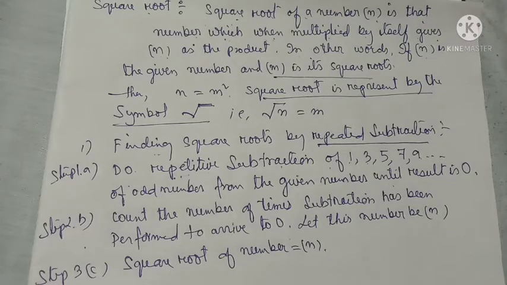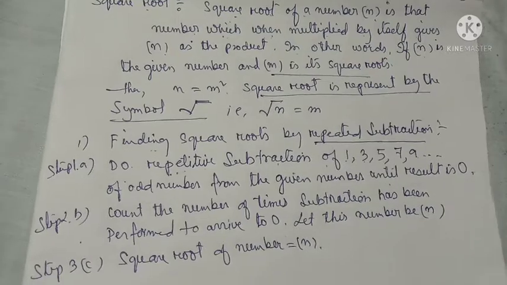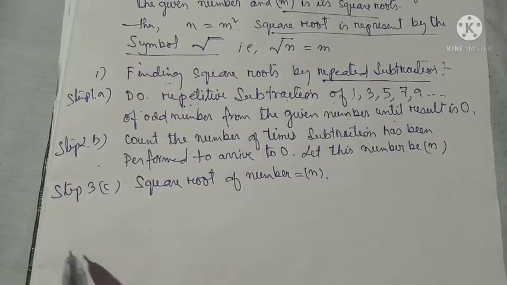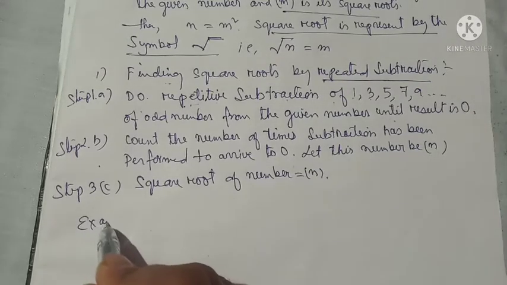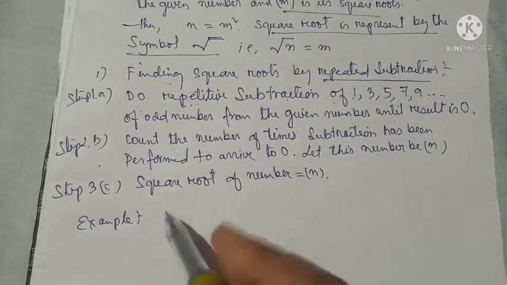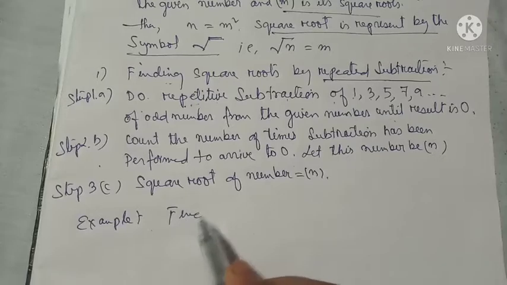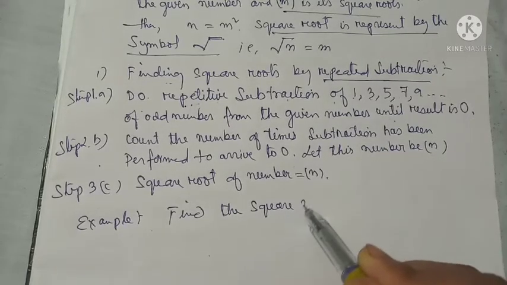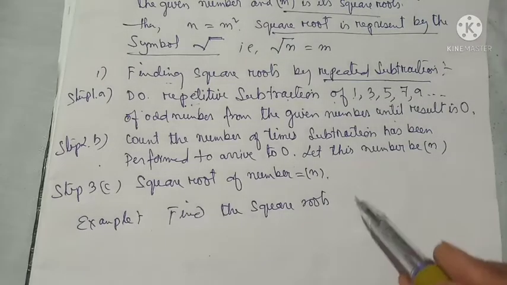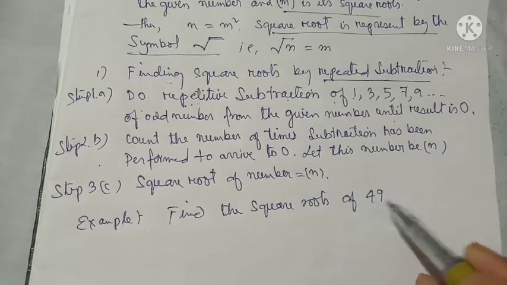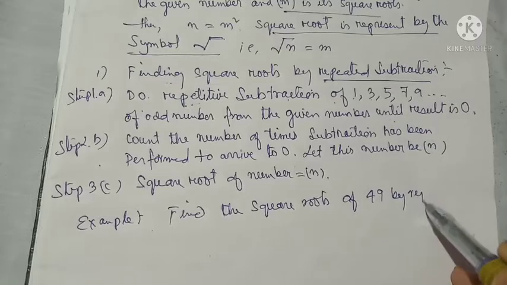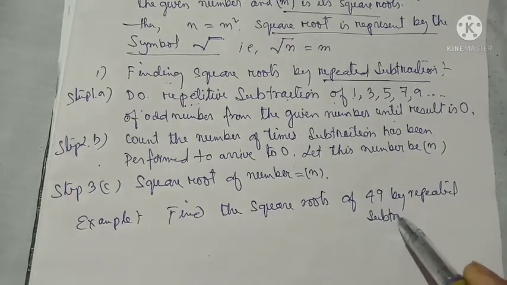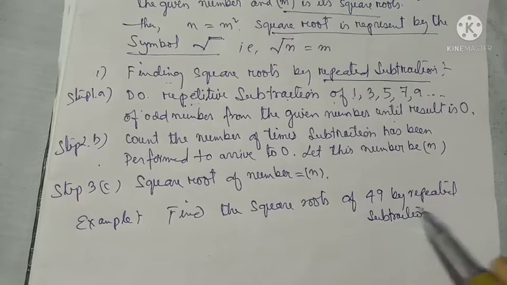So let's see one example. How will we find the square root by repeated subtraction? This is an example: find the square root of 49 by repeated subtraction.